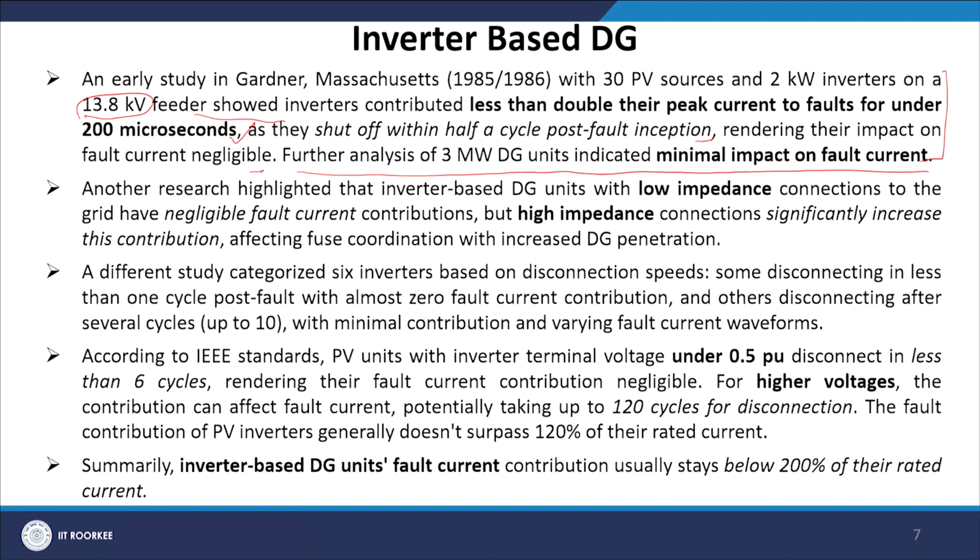Another research highlighted that inverter based DG units with low impedance connections to the grid have negligible fault current contributions, but high impedance connections significantly increase this contribution, affecting fuse coordination with increased DG penetration.